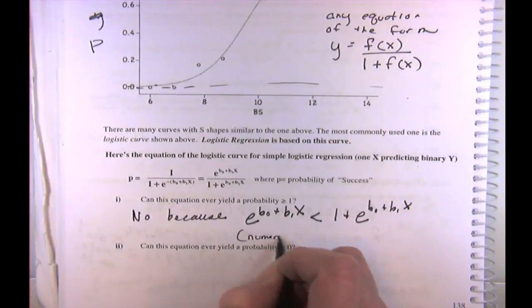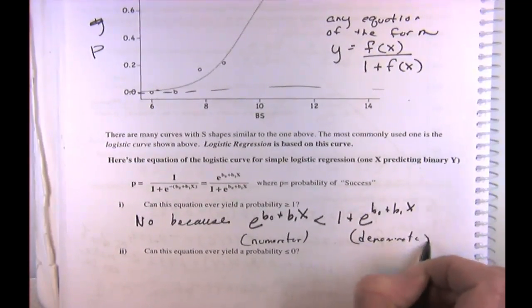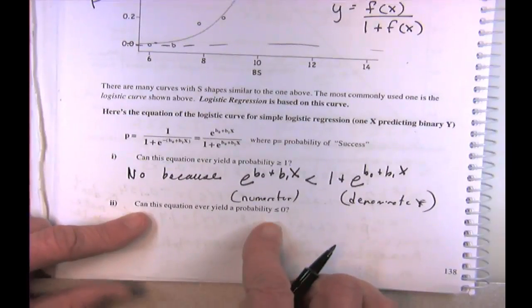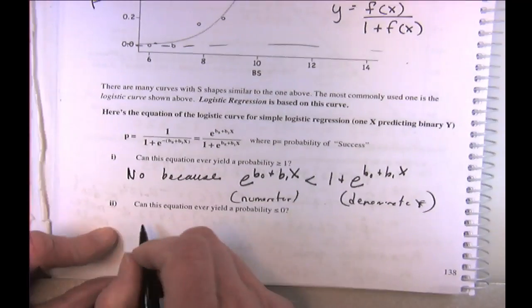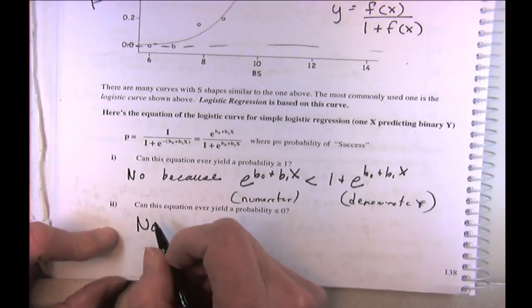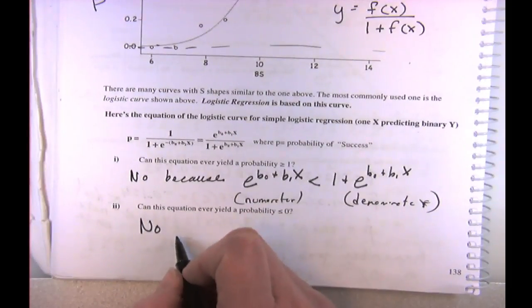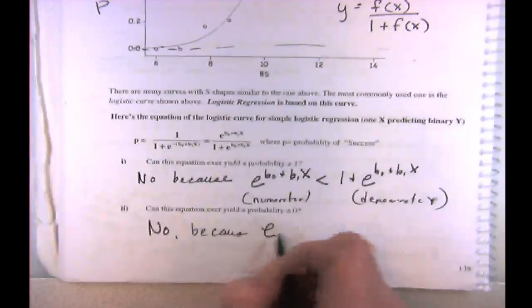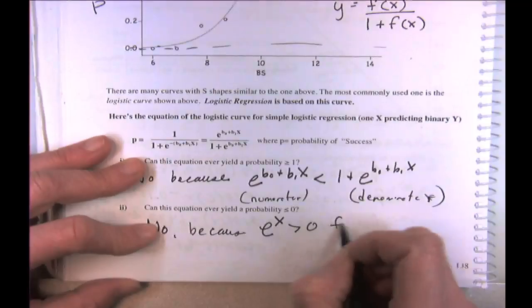It's always going to be smaller than the denominator. And can it ever yield a negative probability? No, because e raised to any power is always greater than 0, no matter what x is.